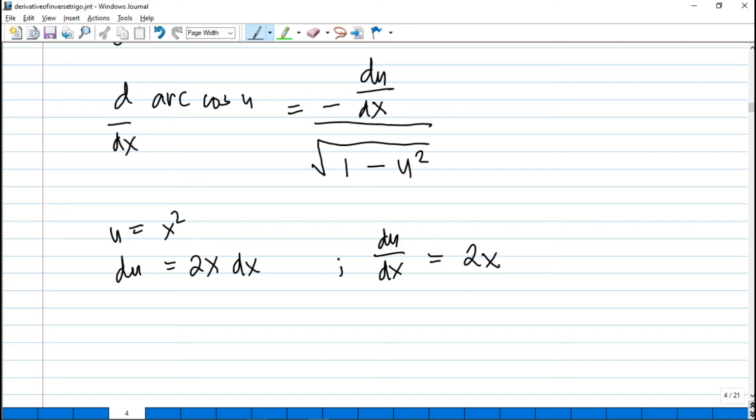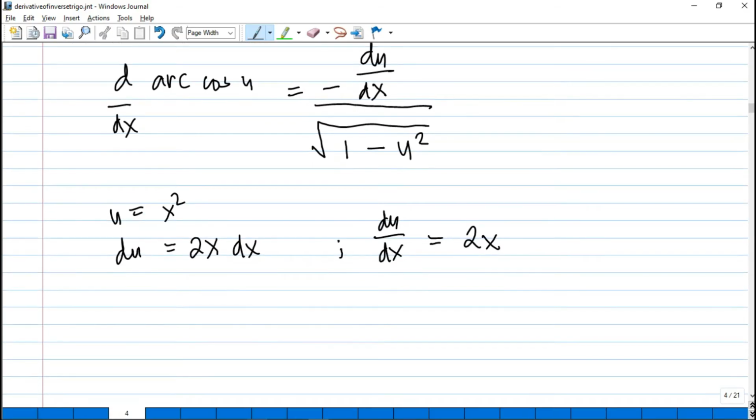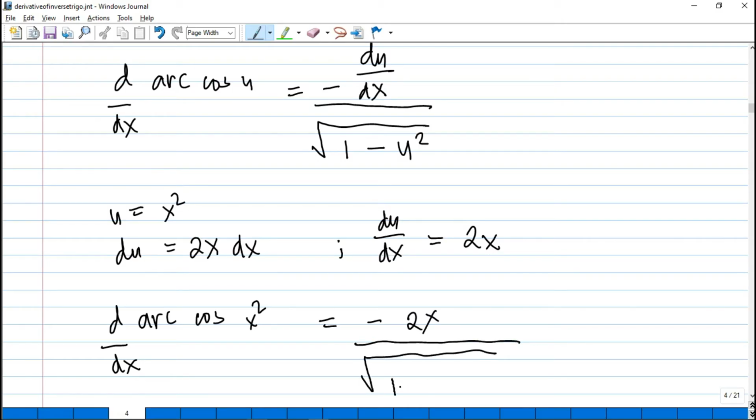Then let's substitute that into the formula. So the derivative of arc cosine, where our u is x squared, with respect to x, is equal to negative du over dx, that is 2x, all over the square root of 1 minus our u, x squared, raised to 2. So this is x squared squared.